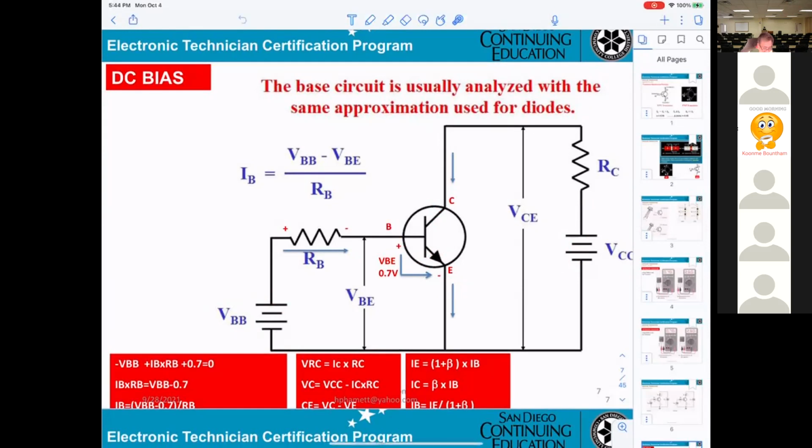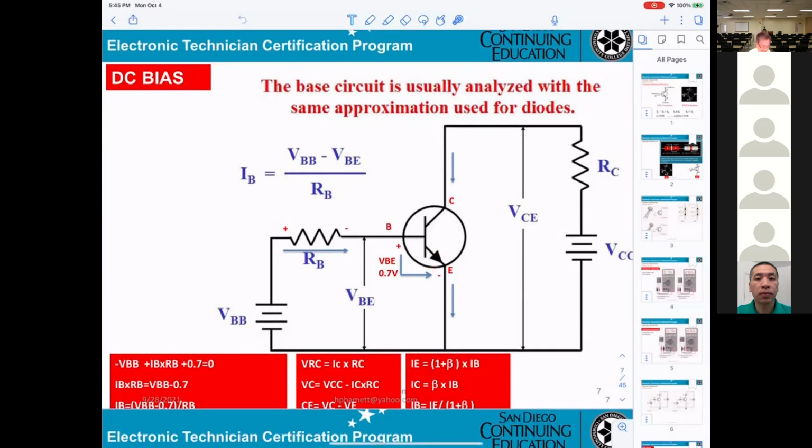The diode is silicon, that means 0.7 volt. So for sure, if you want this diode on, the voltage from B to E, VBE, must be equal or higher than 0.7 volt. If less, this diode will be open.